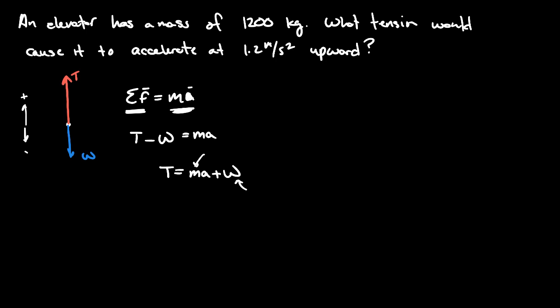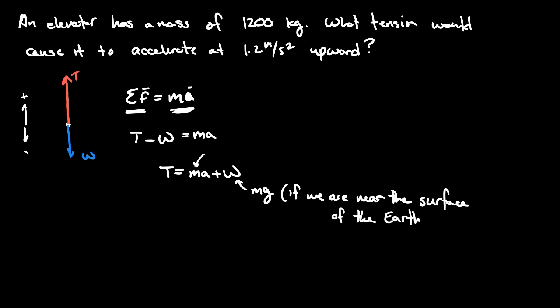The most common substitution you will make is that weight in this class is almost always going to be mg if we're near the surface of the earth. Please understand that that's not going to be the case all the time.